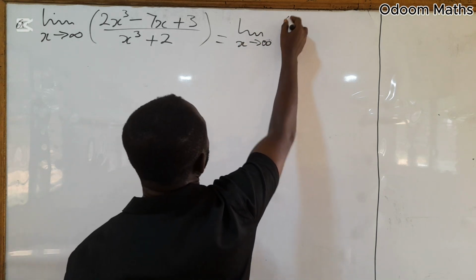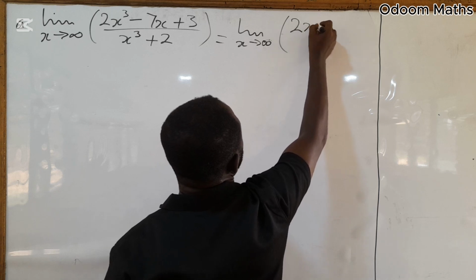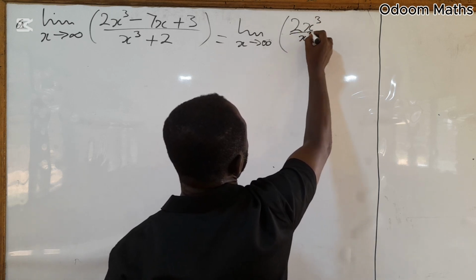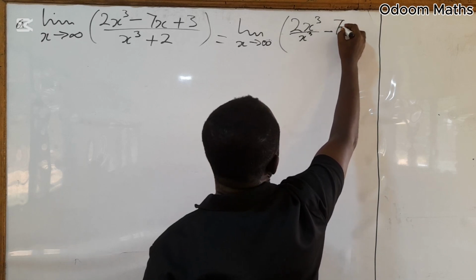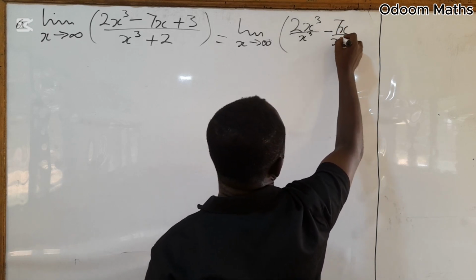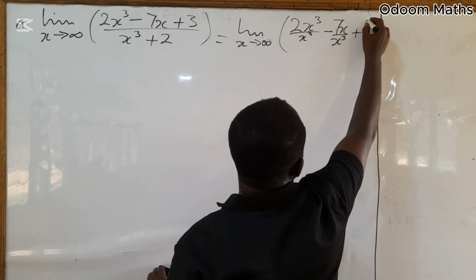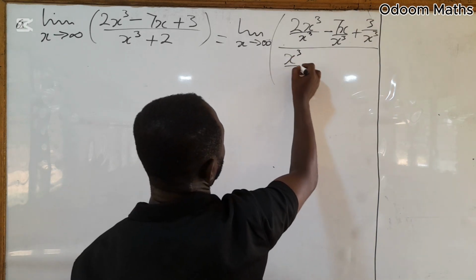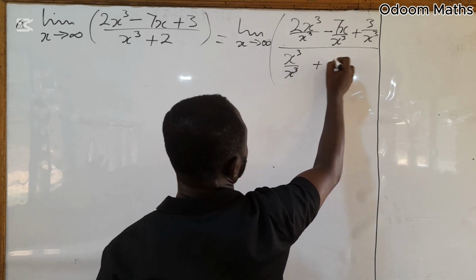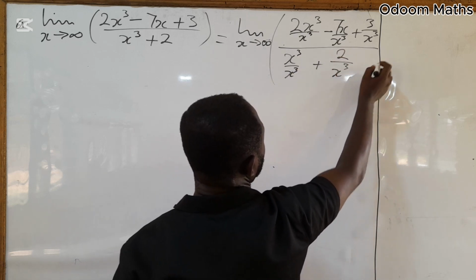So that is 2x cubed over x cubed, and then minus 7x over x cubed plus 3 over x cubed, all over x cubed over x cubed plus 2 over x cubed.